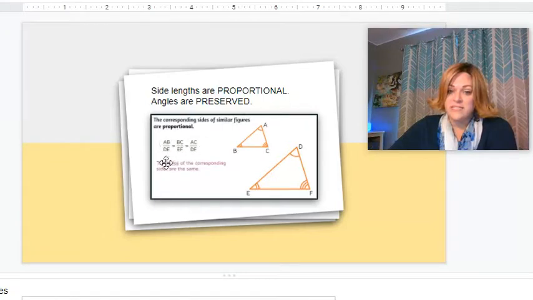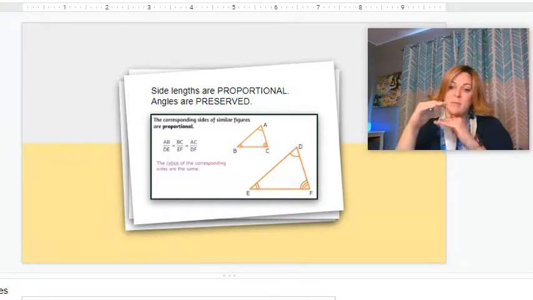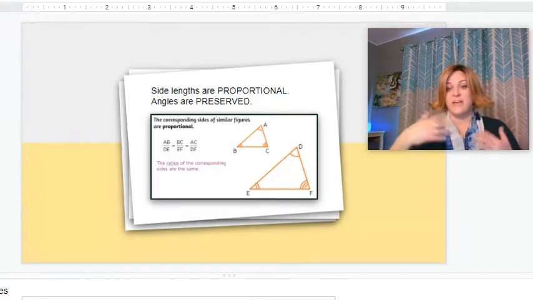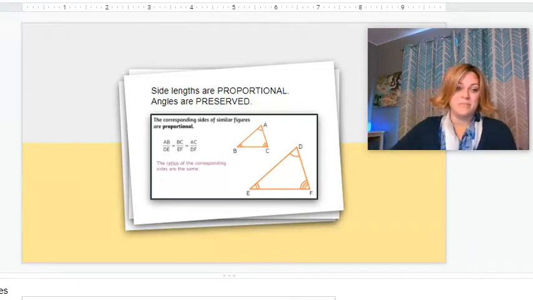So those proportions, when you divide out the sides, like ED, this side, divided by BA or AB, if I divided this by that, I would get the same number dividing DF by AC. Or EF divided by BC. So taking corresponding parts, and if I divided them, I would get the same ratio simplified, and it would give me the scale factor. So those sides have to be proportional.